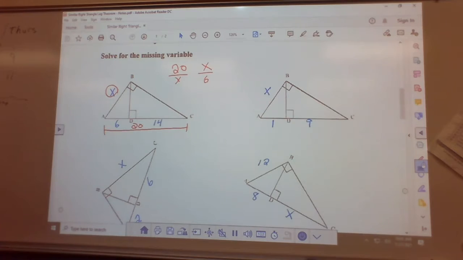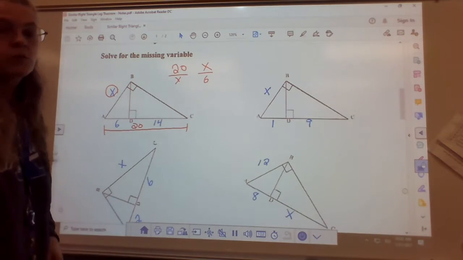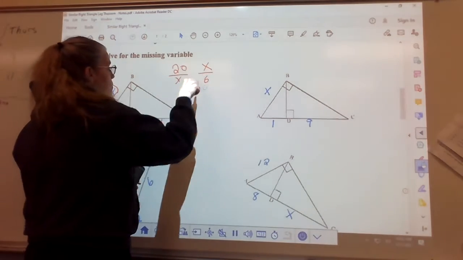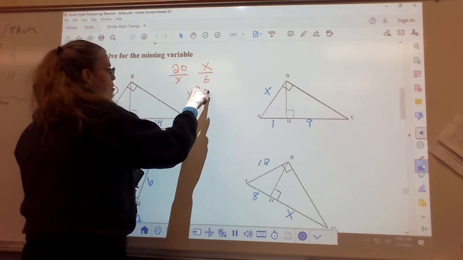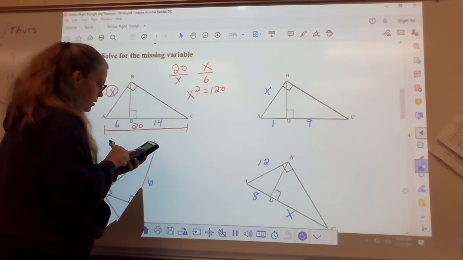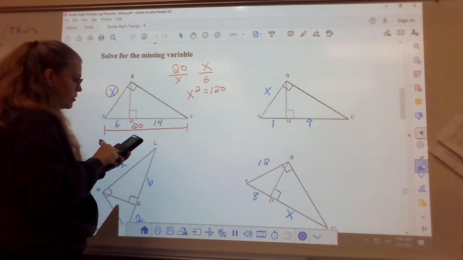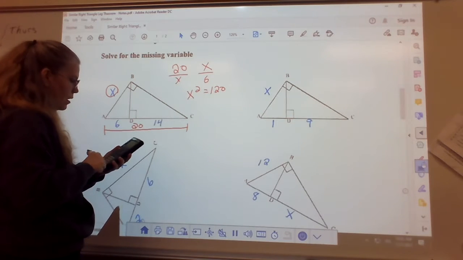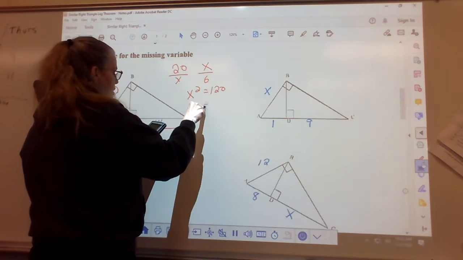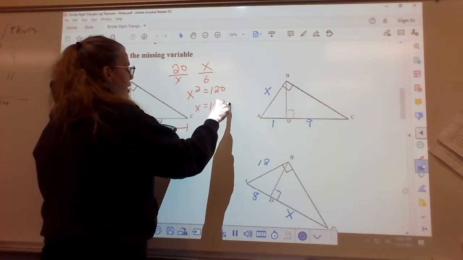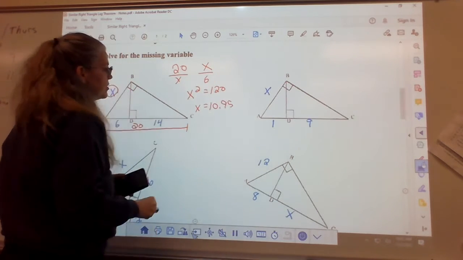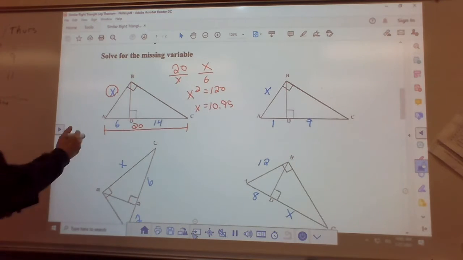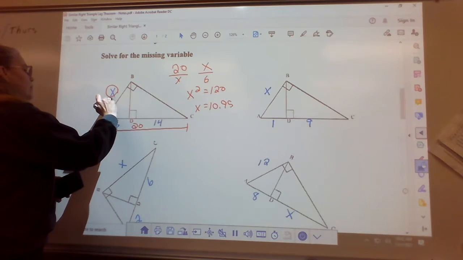There's my setup. Now at this point, it's what we did yesterday. Cross multiply, X squared equals 120. Take the square root of 120. X equals 10.95. Again, round to the nearest hundredths because most of these don't come out even. So 10.95 here.